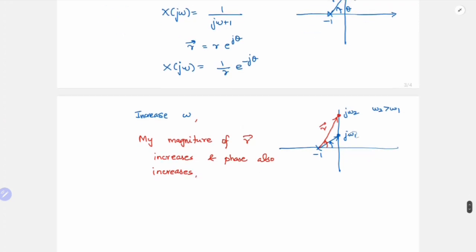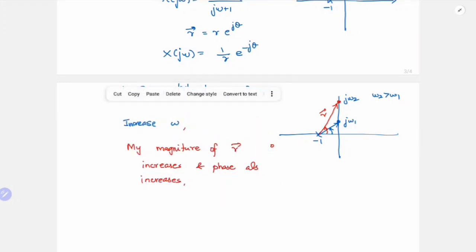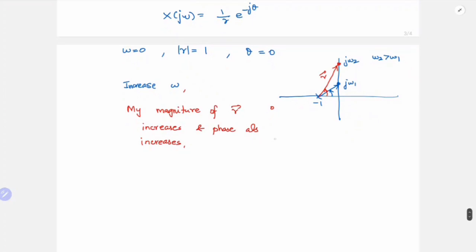Okay. When omega is 0, what was the case? My r was minus 1. So magnitude of r was 1 and phase theta was 0, right? So as omega increases, we have r also increasing and phase theta is also increasing.